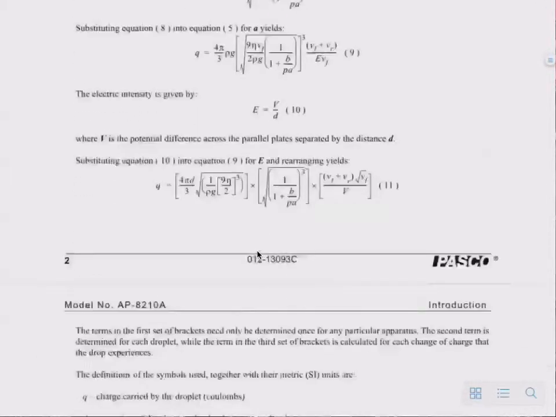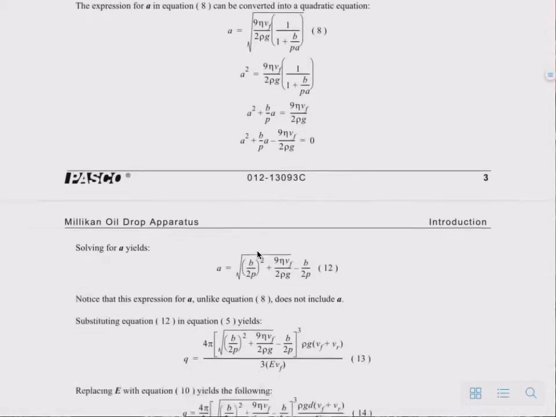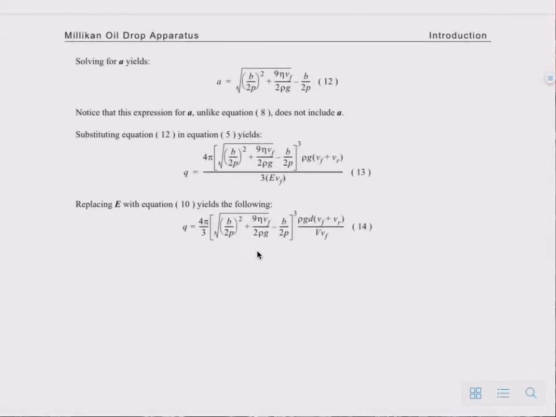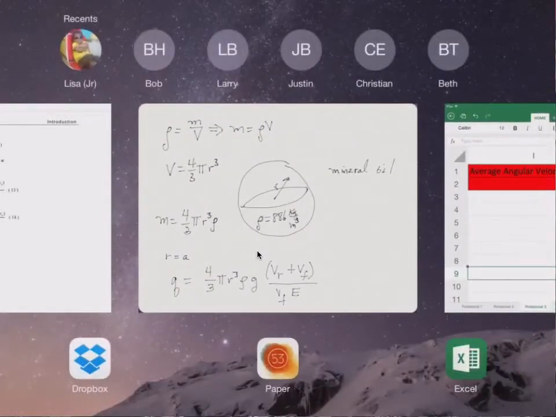The last thing I would like to write, I probably don't have to write it, is this equation here.